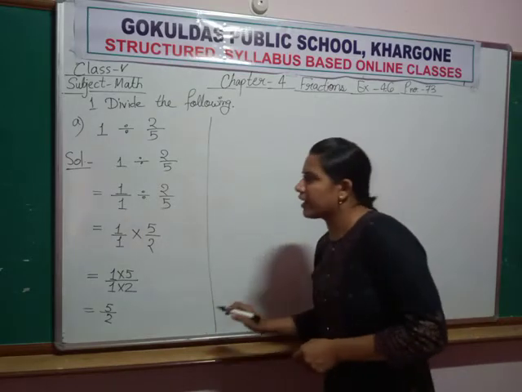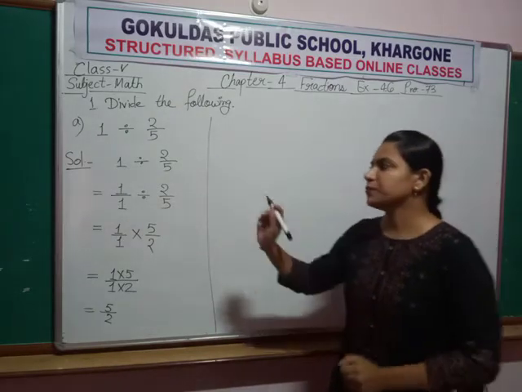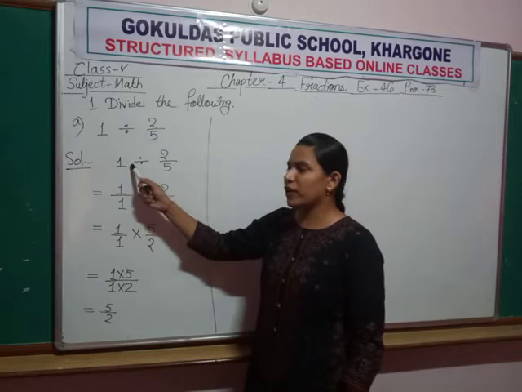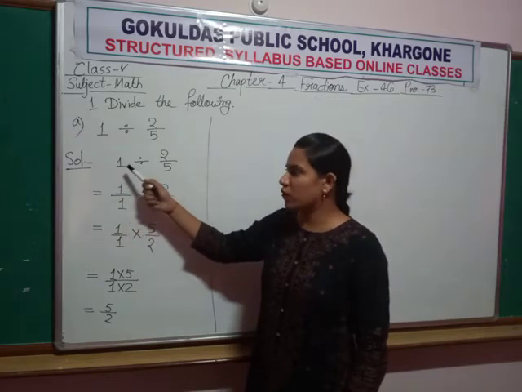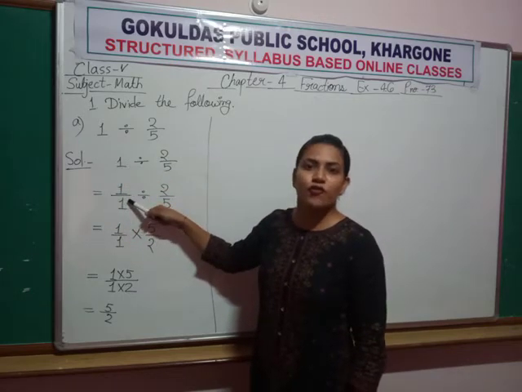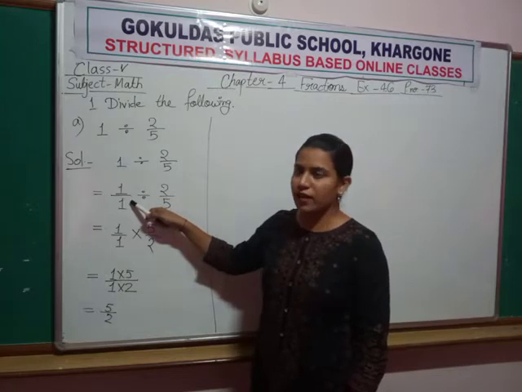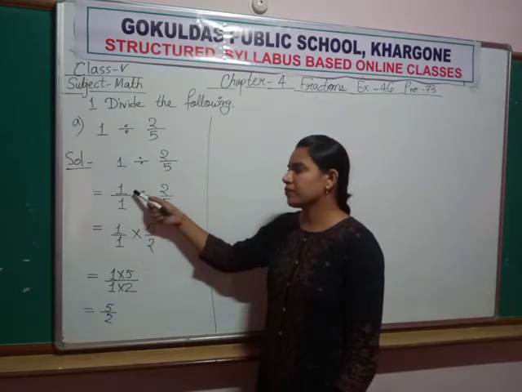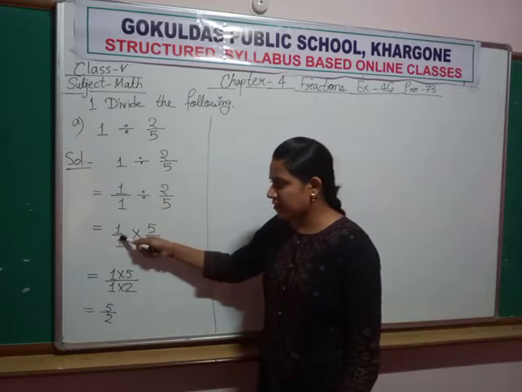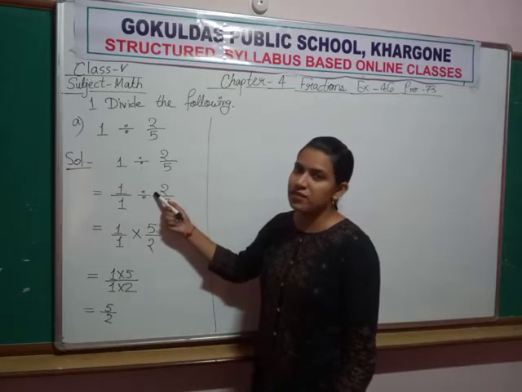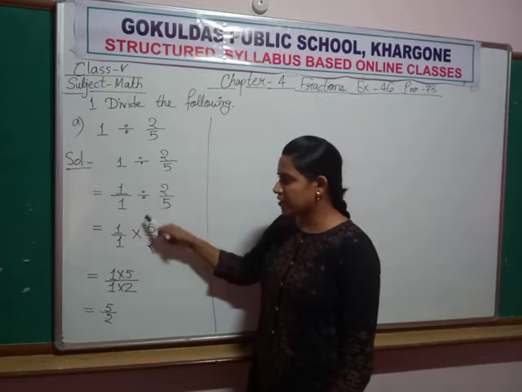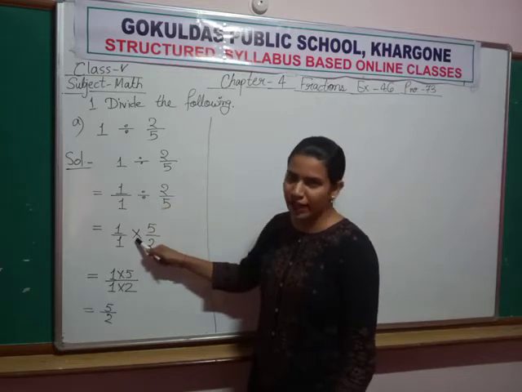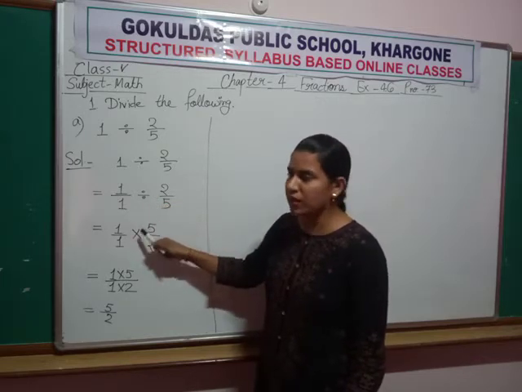I hope you understand it. What we have done here: 1 was a whole number, so first we have written it in fractional form. Then in the next step, we write the dividend as it is. We replaced this division symbol with a multiplication symbol.